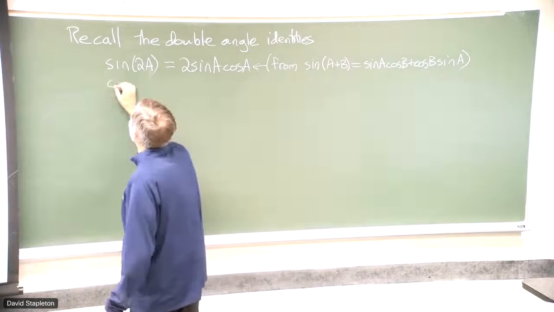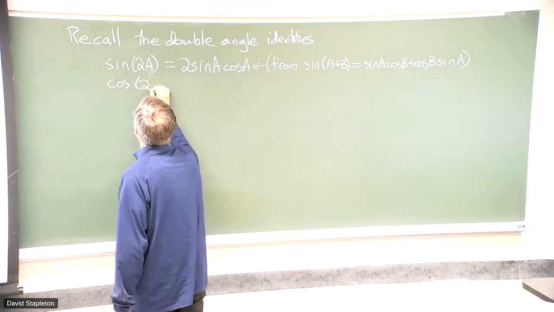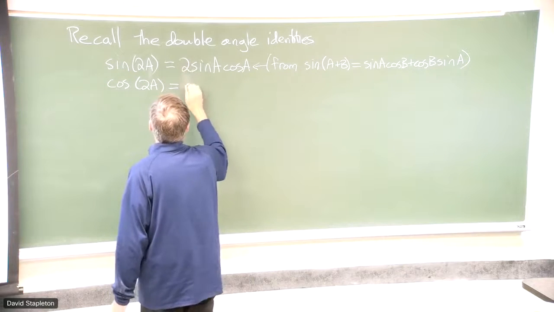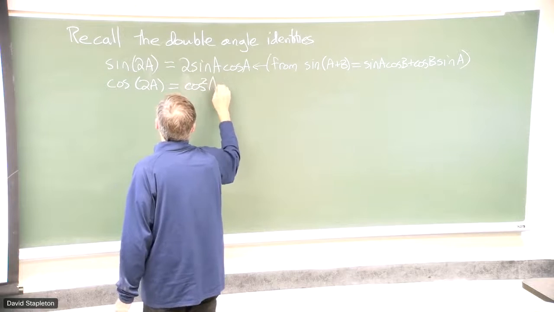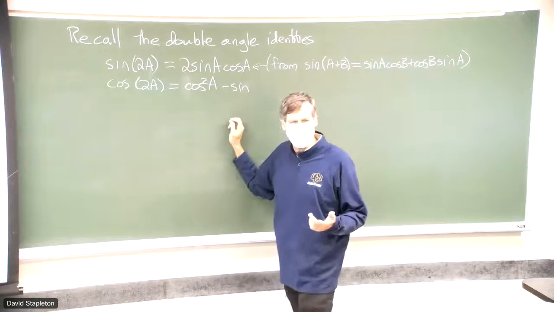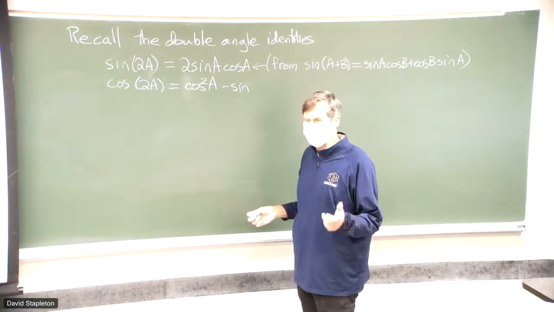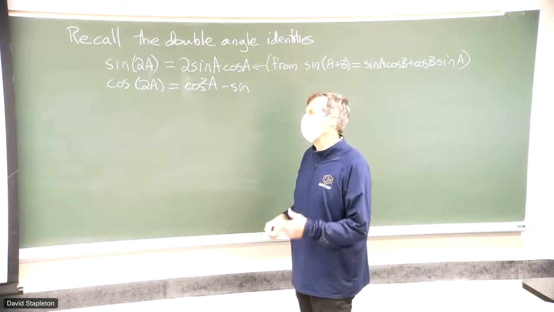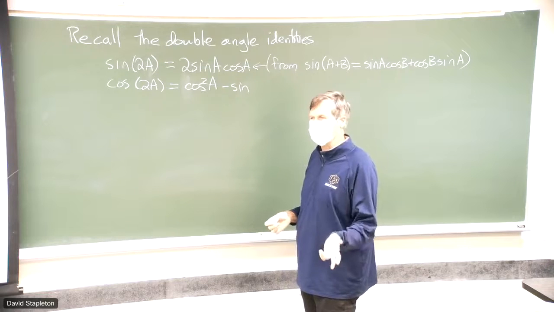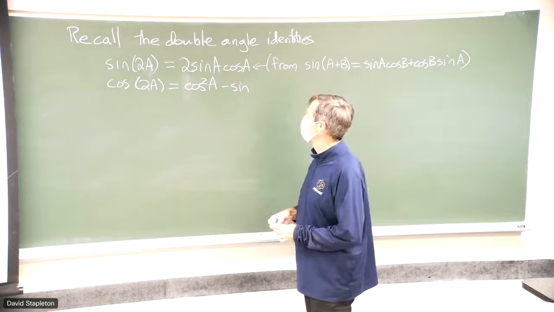Then you have this one, cosine 2A, right? Well, remember that one? You want to memorize this, it's cosine squared minus sine squared, because on this next test, which by the way is coming up a week from Wednesday, right? So on this Wednesday, I'm going to put out on D2L a list of practice problems you can start studying, and on Monday we'll do part of the class review, okay?